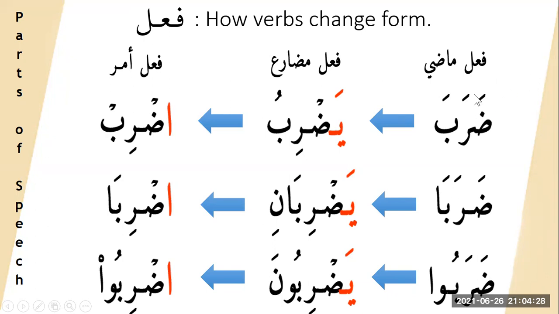So he struck, daraba. If it's dual, then you add an alif there, daraba, like a noun, kitaban, muslimani. So daraba with an alif at the end represents dual.